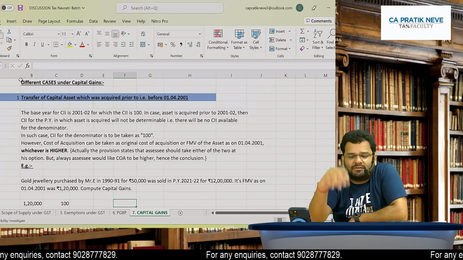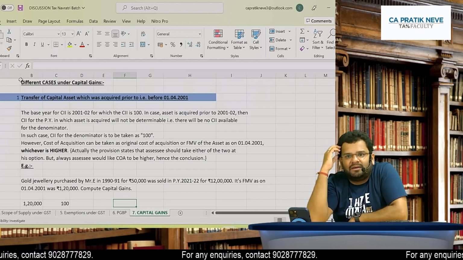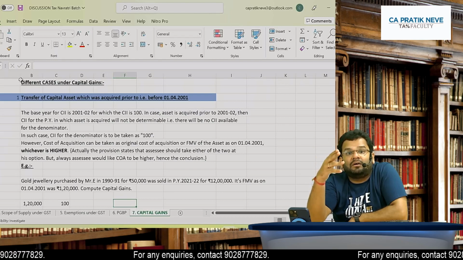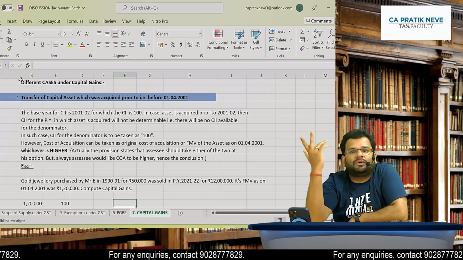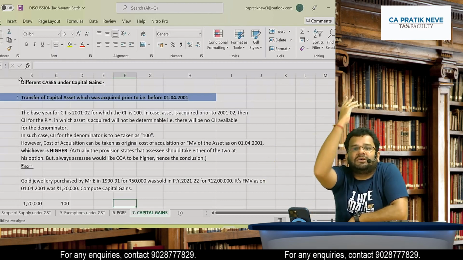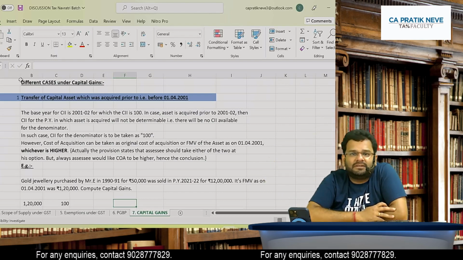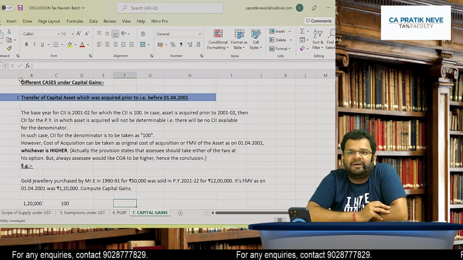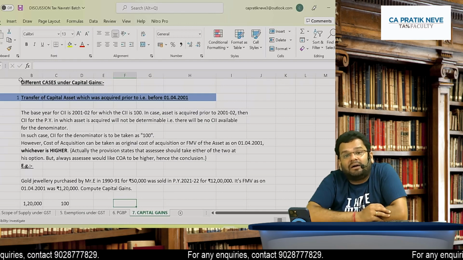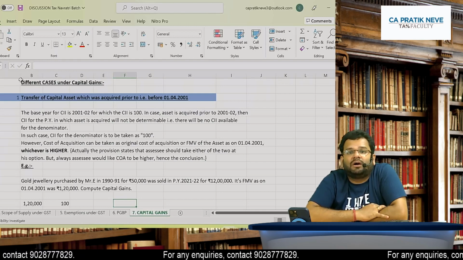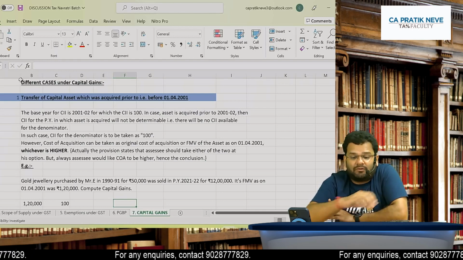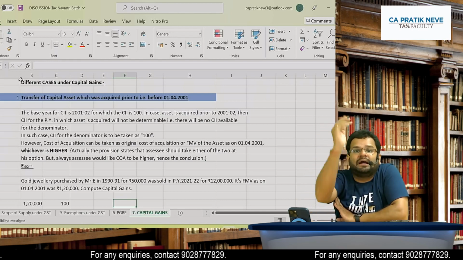Why am I saying whichever is higher? If you get an option to take any one, of course you will take whichever is higher, because you want your cost of acquisition as high as possible, isn't it? The more the cost of acquisition, the more the indexed cost of acquisition will be, and less will be your LTCG.